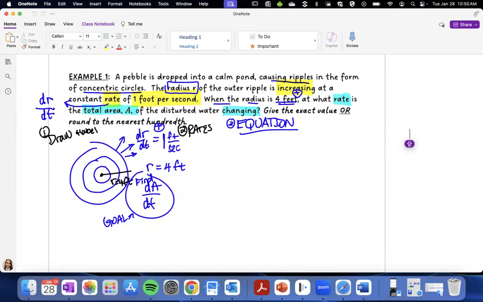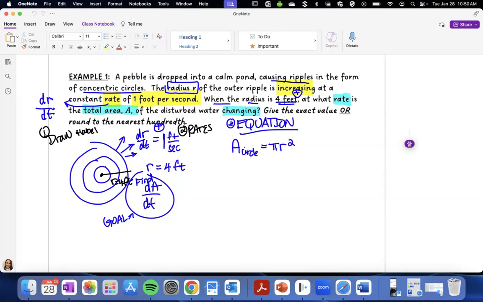A equals pi r squared, the area of a circle, right? I'm soon going to have you make a note card of your common formulas. That'll be really helpful too. So the area of a circle is pi r squared.